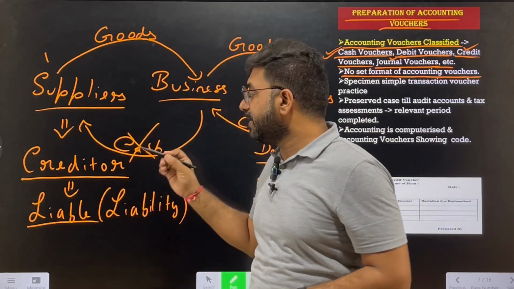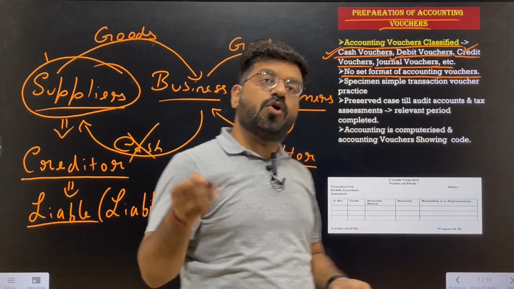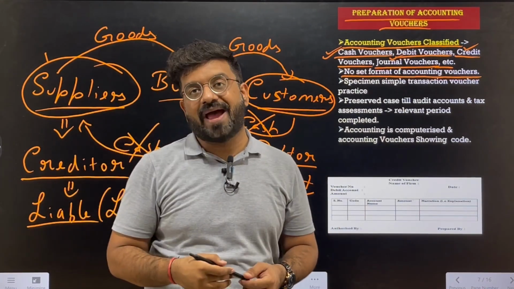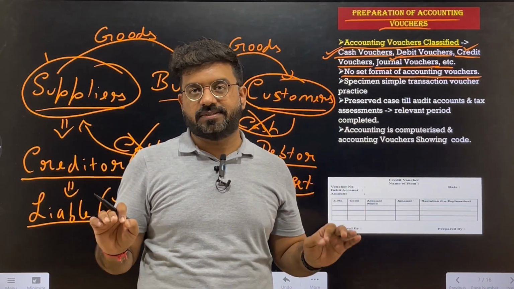So we should know each and every person's name and the amount associated with that transaction also. The amount is the major part. Amount will always come because we have to record the monetary transactions. We should know the name of the supplier to whom we have to pay the amount, and also the name of the customer from whom we want the money back, only when the goods are sold or purchased on credit.